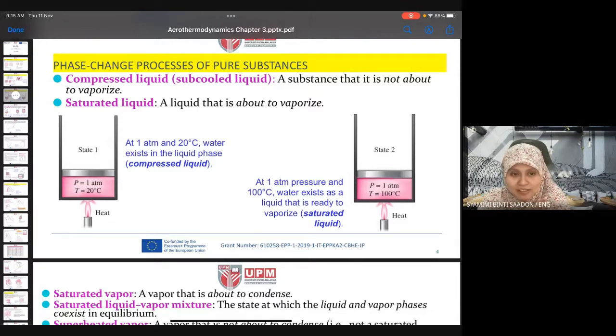That's why this pure substance, when it is not about to vaporize, is also called compressed liquid, because the process that usually occurs during that moment is compression. Compressed liquid or subcooled liquid.